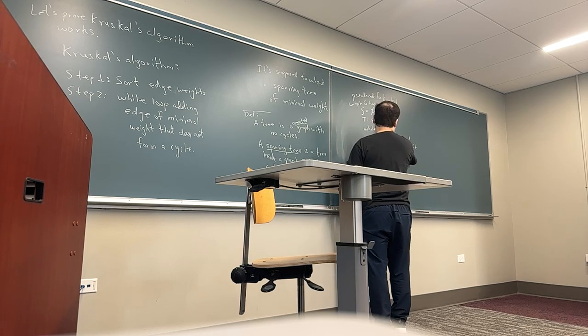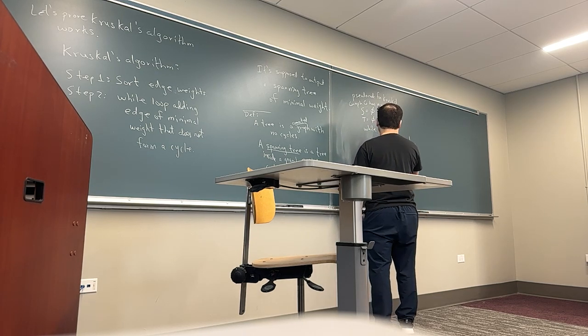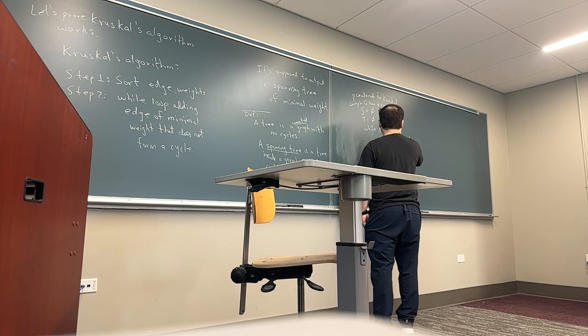So I guess we could say let E be an edge of minimal weight that doesn't form a cycle, then you add, let's say, E, comma B.